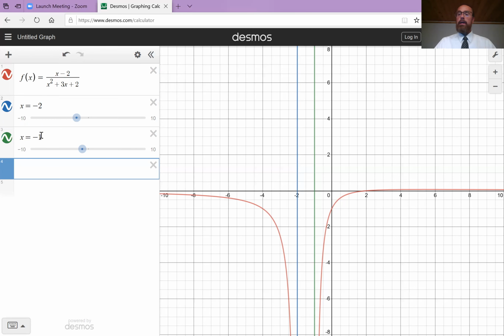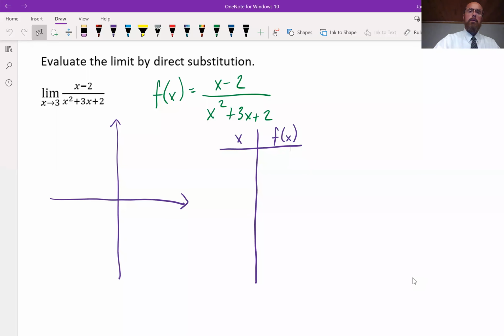So with those 3 asymptotes in mind, I'm going to head back to the note screen so that I can sketch a graph and then evaluate the limit by direct substitution. What we had seen on that graph screen was that the x-axis was a horizontal asymptote, and then we had 2 vertical asymptotes, one at negative 2, one at negative 1, and then the graph itself was on either side.